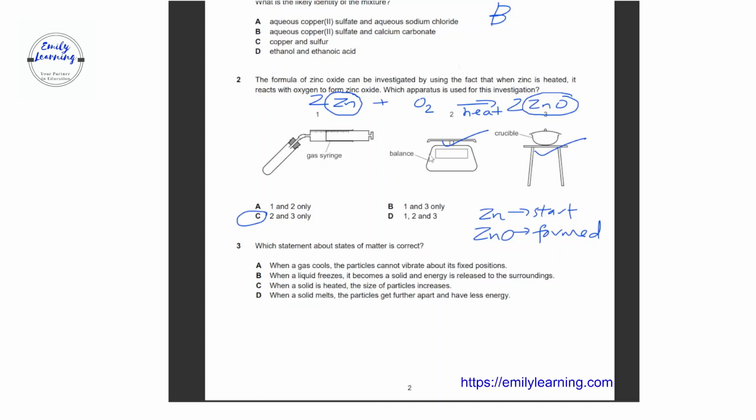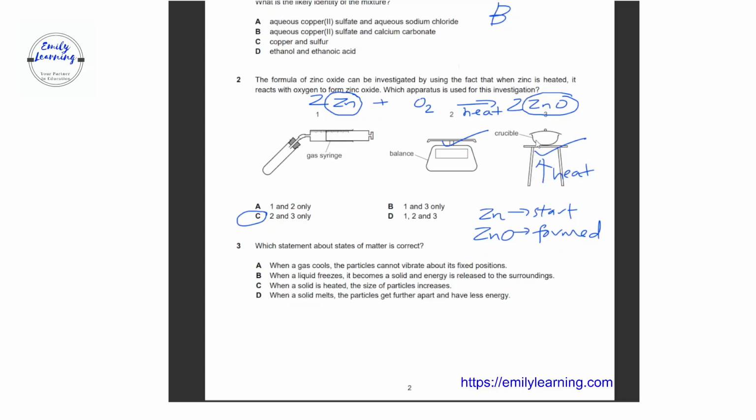Typically for heating experiments where we need to heat to decompose something or to react something with oxygen, we usually use the crucible and a balance. What we'll do is first measure the mass of zinc that you place in the crucible. Then you start heating it, and keep heating.